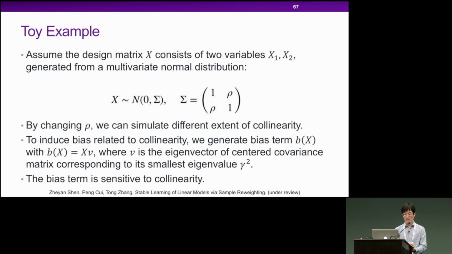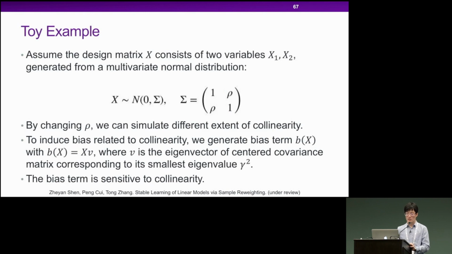So the bias term is very sensitive to the collinearity. When the collinearity changes, nu will change, and stronger collinearity implies a stronger b(x).